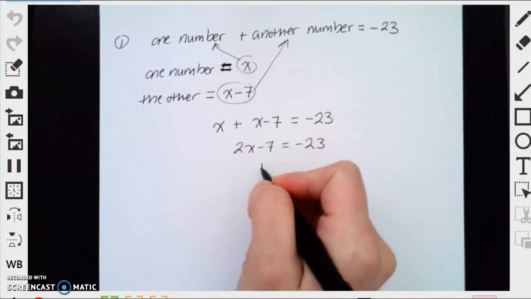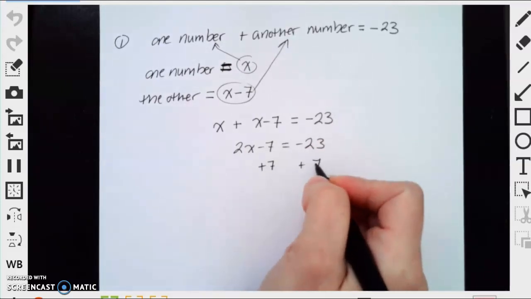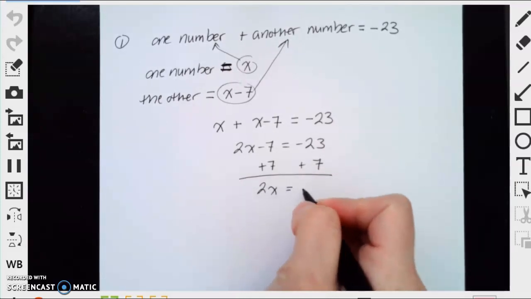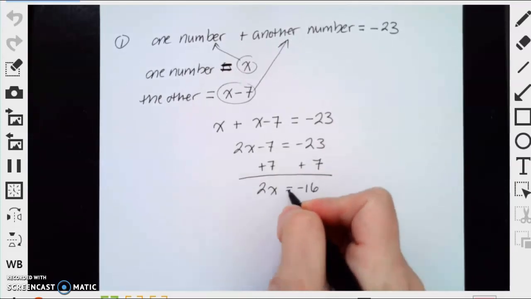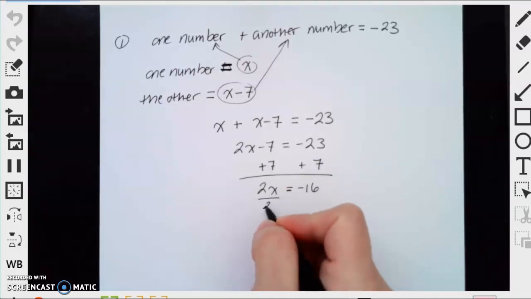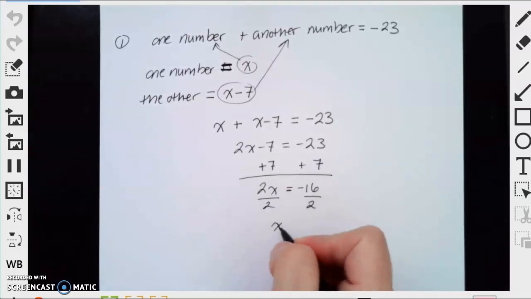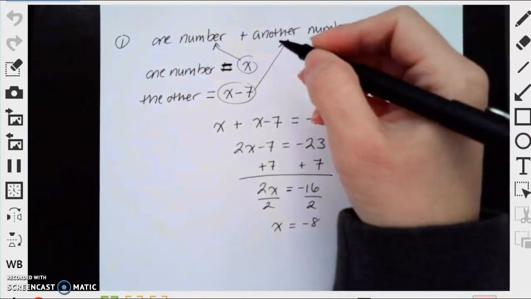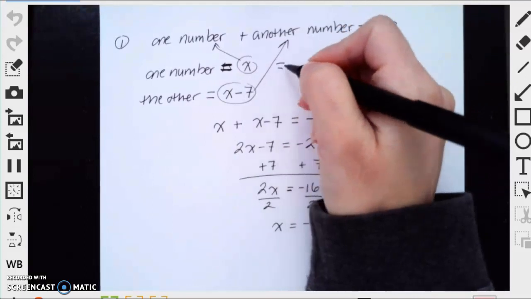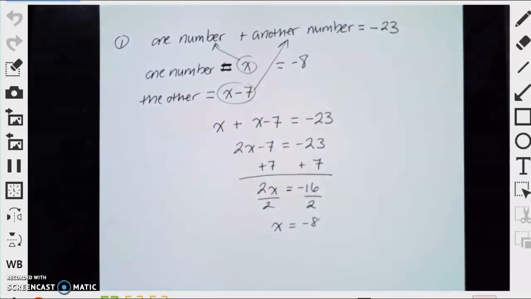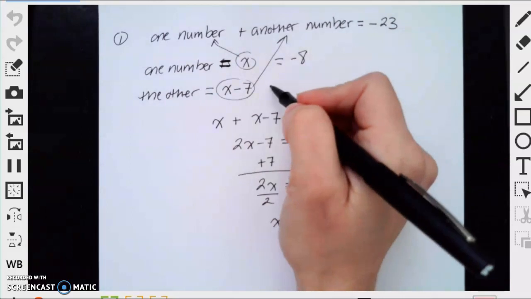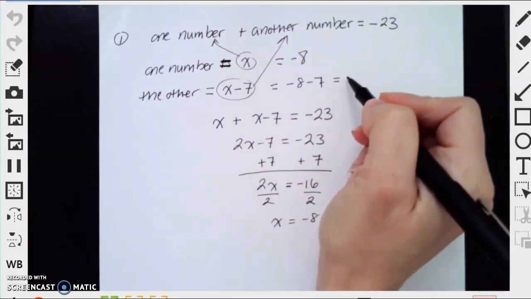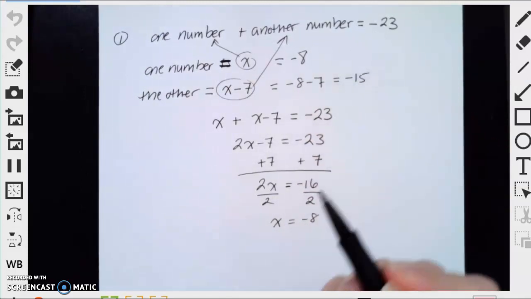Isolate the variable, so I'll add 7 to both sides here. 2x equals negative 16, and then divide by 2. x equals negative 8. So that means that one of the numbers that I found is negative 8, and the other number would be equal to negative 8 minus 7, and negative 8 minus 7 is negative 15.